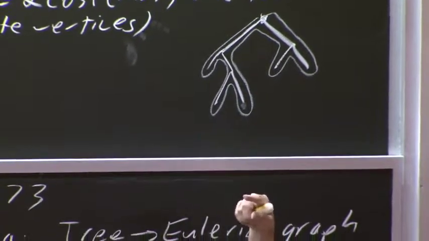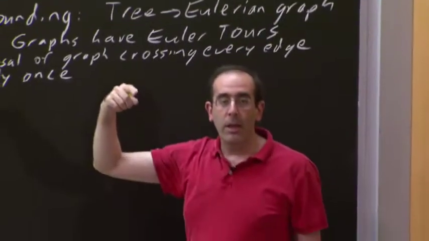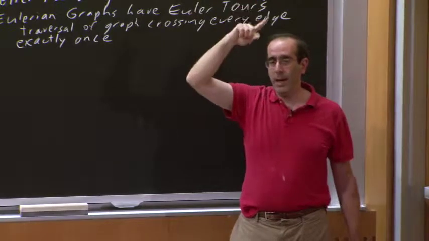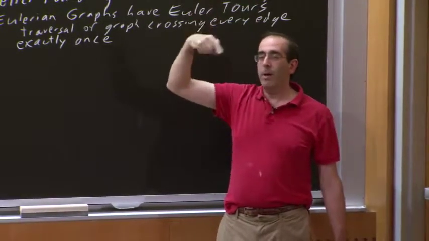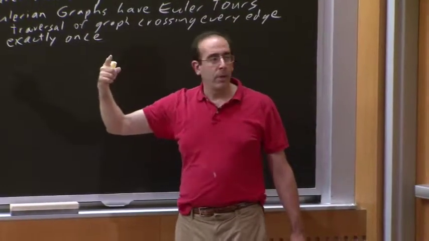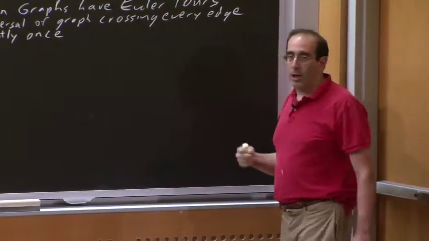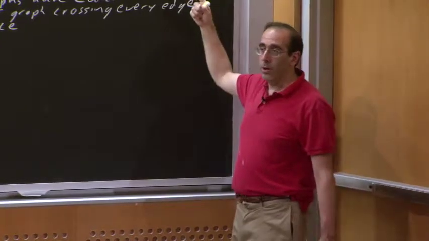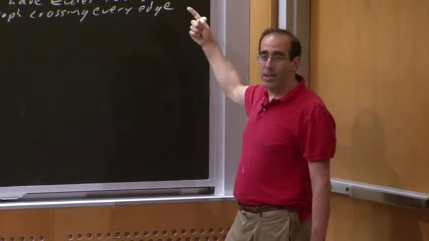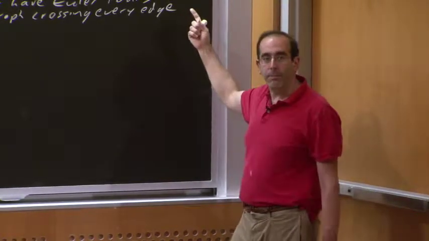And more generally, if you think about it, if a vertex has odd degree, then I can enter on one edge and leave on another, but that's going to take away 2 edges that I can't use anymore. So if I keep taking away pairs of edges like that, and I end up with an odd degree vertex, then I get stuck again. So you can prove that what allows you to traverse an Euler tour, to traverse every edge exactly once, is if every degree is even and the graph is connected.